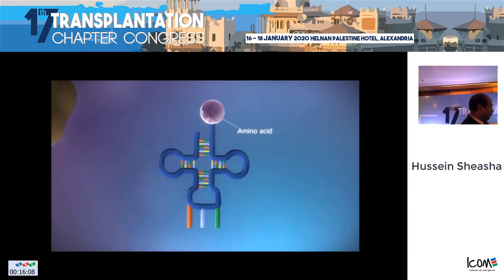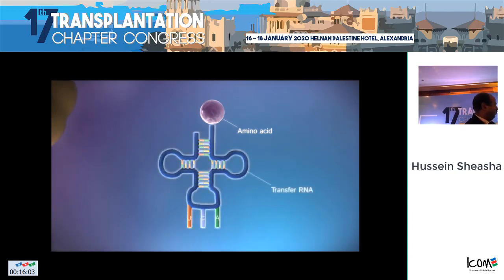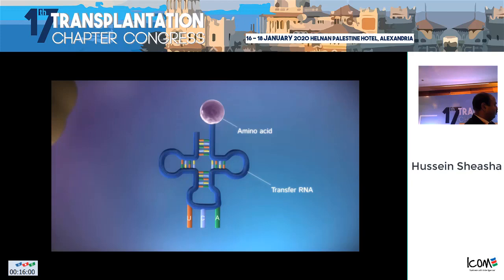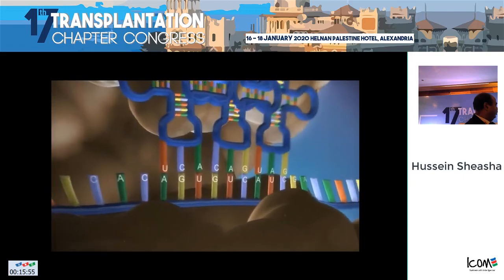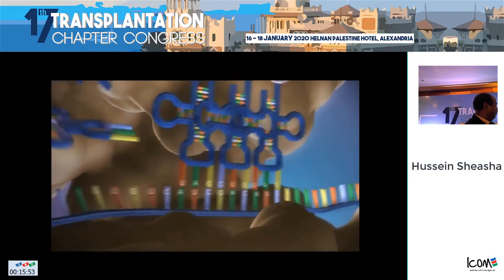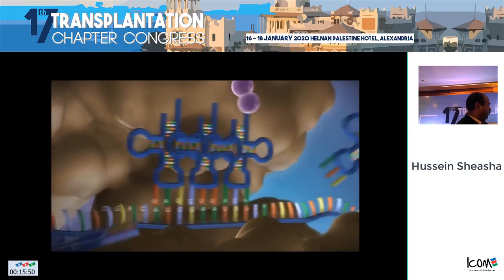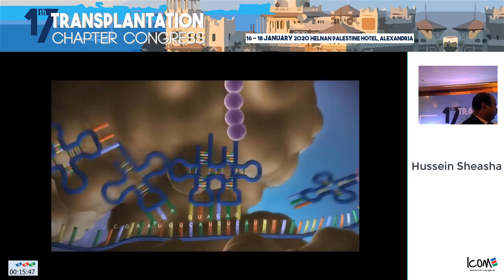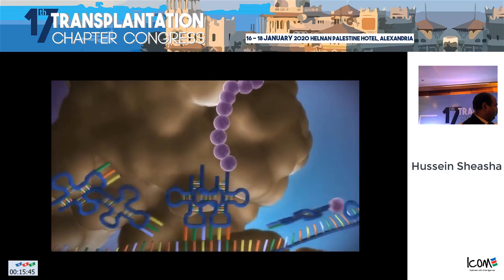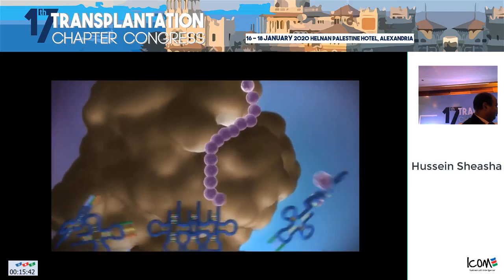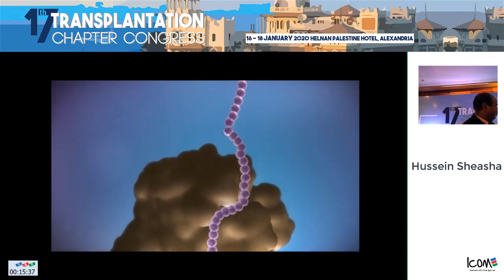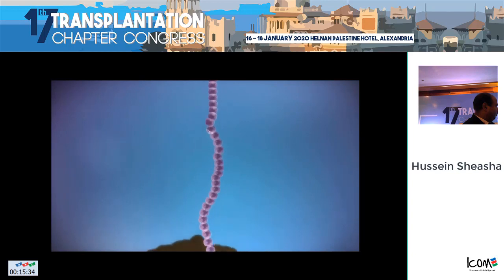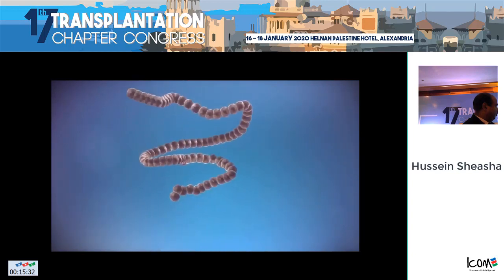There are 20 different types of amino acids. Transfer RNA molecules carry the amino acids to the ribosome. The messenger RNA is read 3 bases at a time. As each triplet is read, a transfer RNA delivers the corresponding amino acid. This is added to a growing chain of amino acids. Once the last amino acid has been added, the chain folds into a complex shape to form the protein.